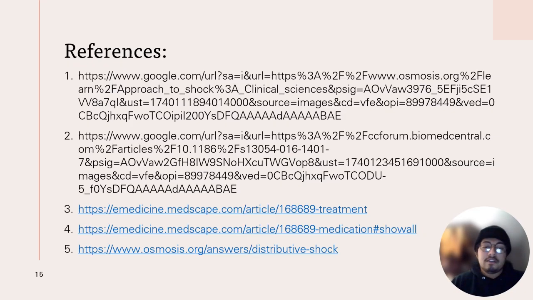We talked about the different clinical imaging diagnostics that could help diagnose the different types of distributive shock, such as lung ultrasounds, CT scans, chest x-rays, and things of that nature, and how different types of antibiotic therapy could help, as well as mechanical ventilation.